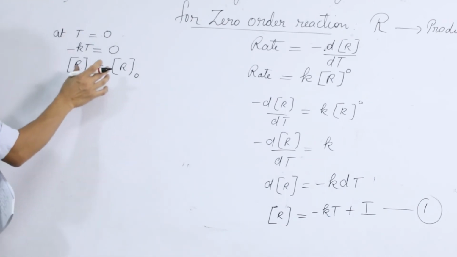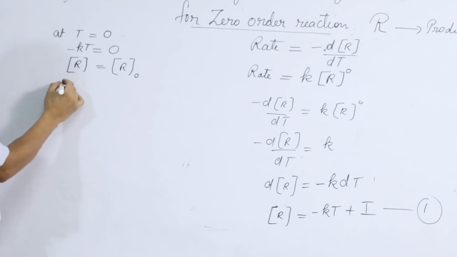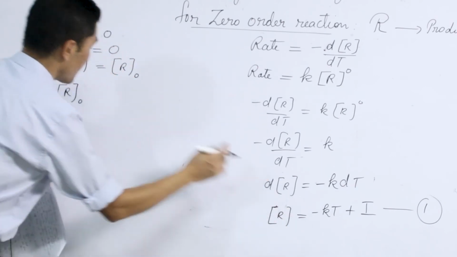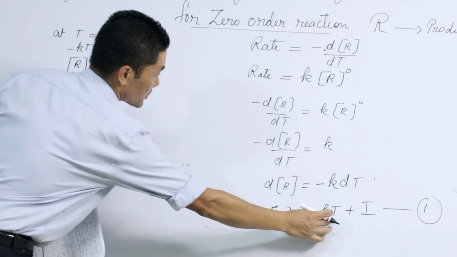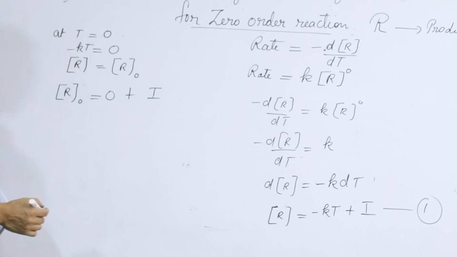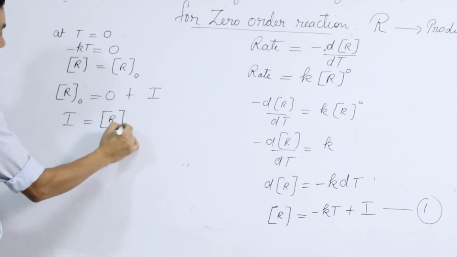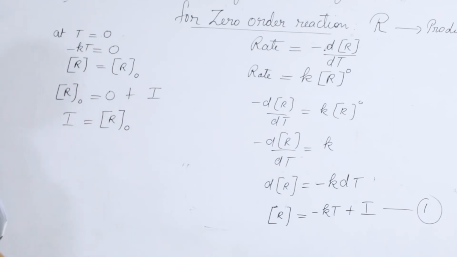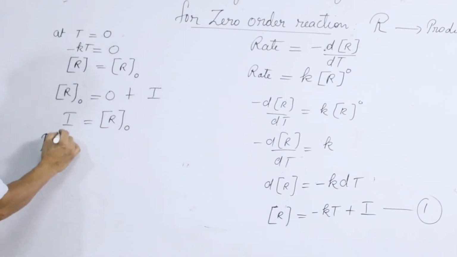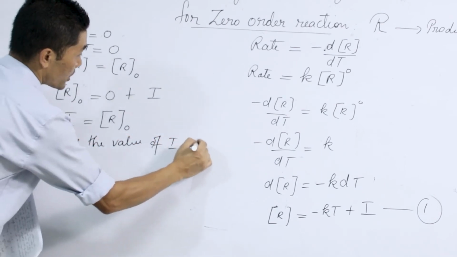We apply this in equation 1. So what do we get? R becomes R naught, Kt becomes 0, and we have the integration constant I. That means I equal to R naught at time 0. Then we put this value of I in equation 1 again.